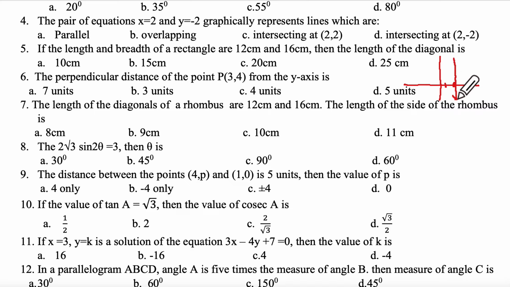So x equal to 2 will be like this, and y equal to minus 2, minus 1, minus 2. It is like this. Now tell me, are they parallel to each other, overlapping, intersecting? What are they? What is this point over here? This will be here 2, and this will be here minus 2. So which is the correct option? This one.